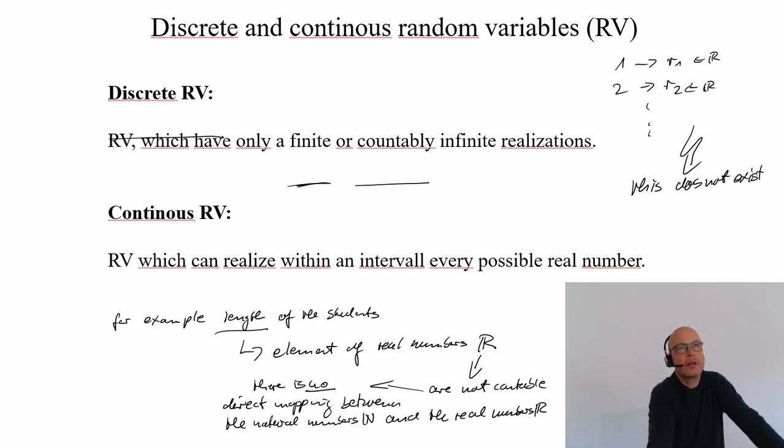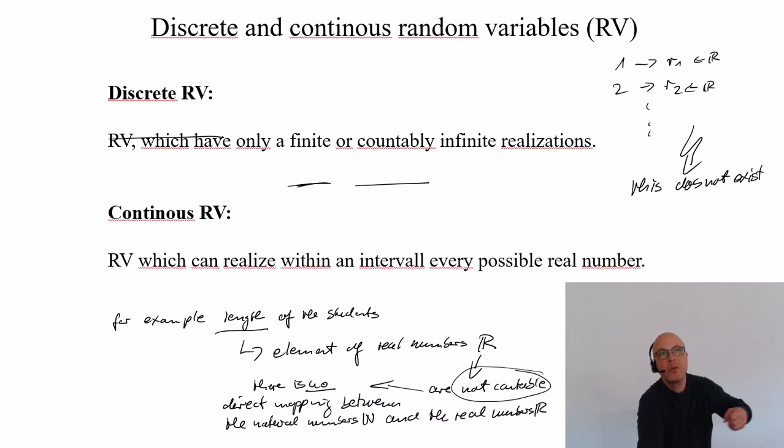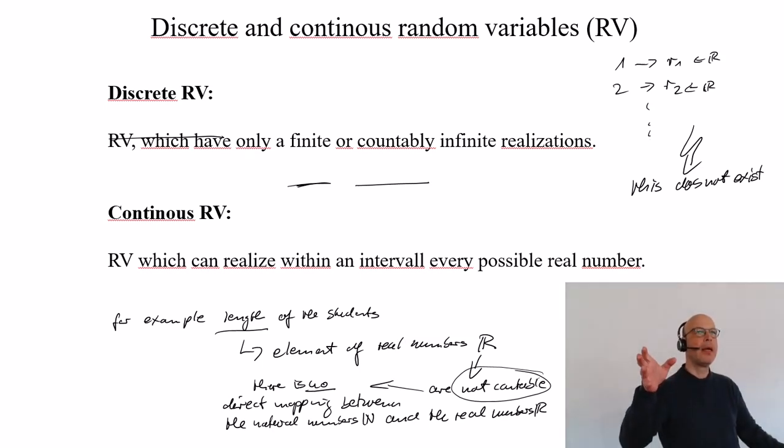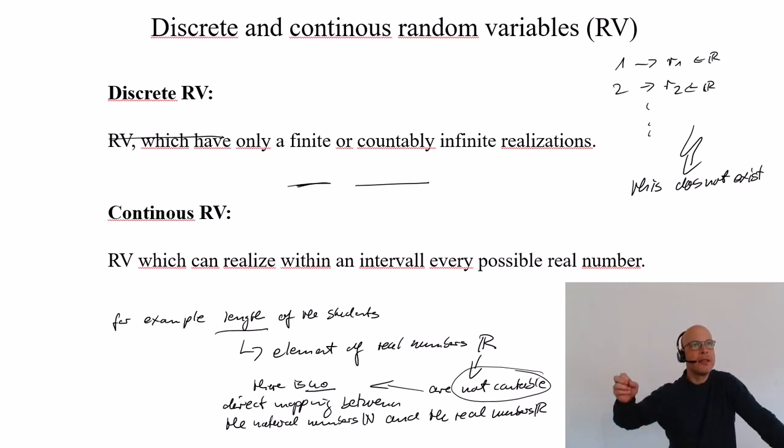Well, and what is the consequence of this uncountability of the real numbers? But we are, of course, interested in such random numbers. This means there is no interpretation anymore in the question, what is the probability that the length of a student is some definite number?